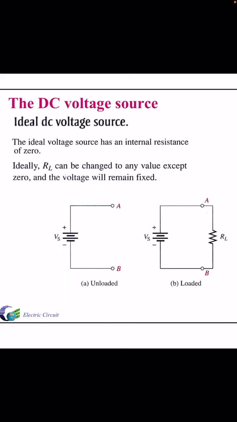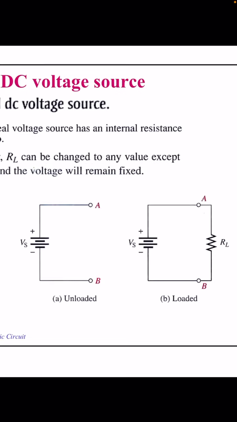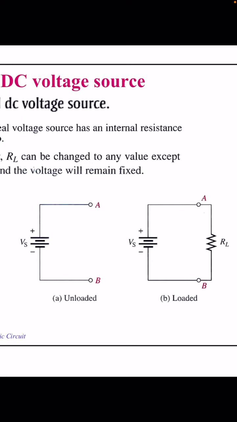So an ideal DC voltage source is one having an internal resistance of 0. If we have a load, as you can see in this diagram, a voltage source of voltage Vs is shown with open load ends.